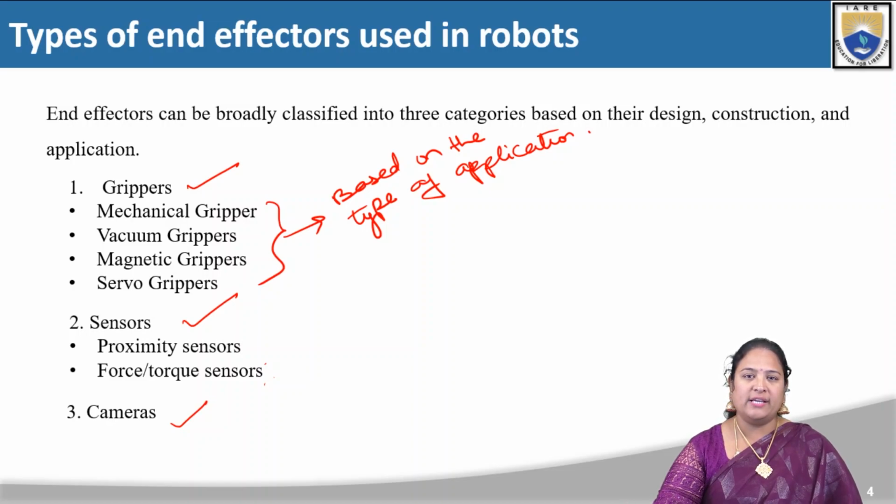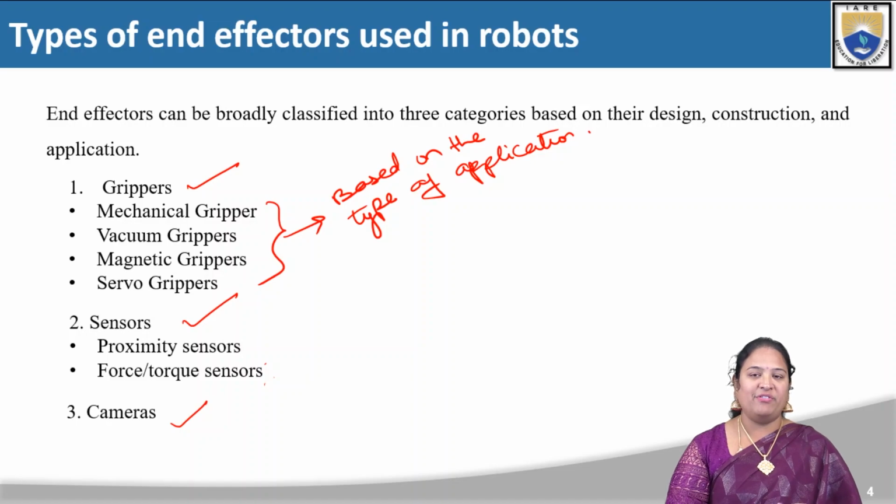But a robot doesn't have that understanding. So we will be placing a sensor near the end effector, and this sensor is used to sense the object.